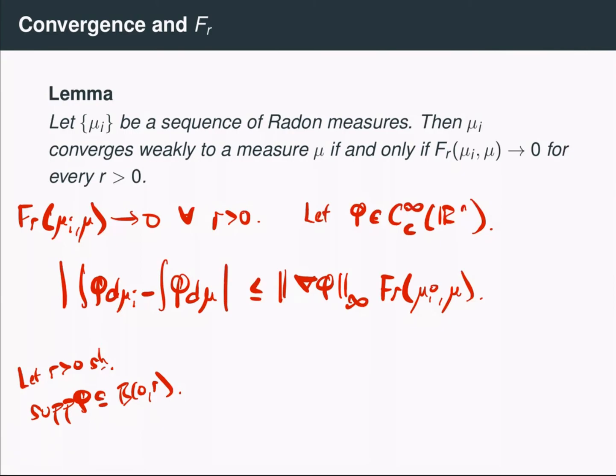But by assumption, this is going to 0 as i goes to infinity. And this implies that this difference goes to 0. Since that holds for every C infinity function phi with compact support, that implies weak convergence.